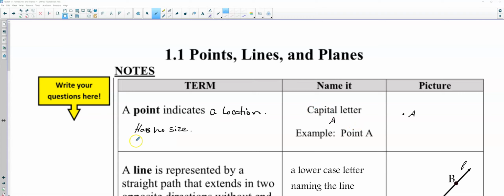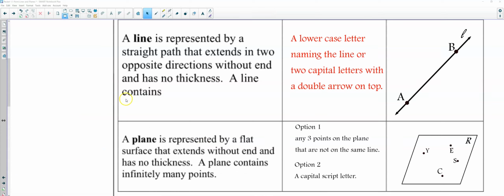Also, a point has no dimension. Okay? It has no dimension. Okay, a line is represented by a straight path that extends in two opposite directions without end and has no thickness. A line contains infinitely many points.